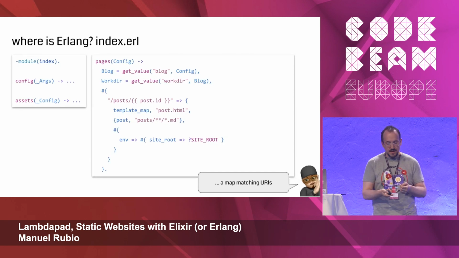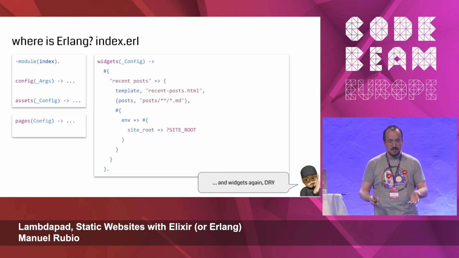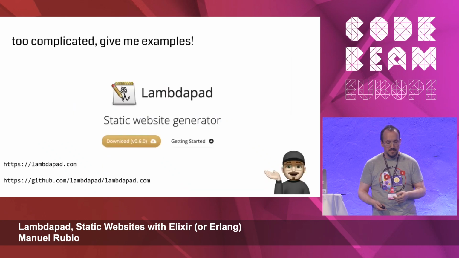So here we can see the post, putting /post/ and the ID from the metadata of every post. And then the widgets are also available as a function, and we can define the different widgets.